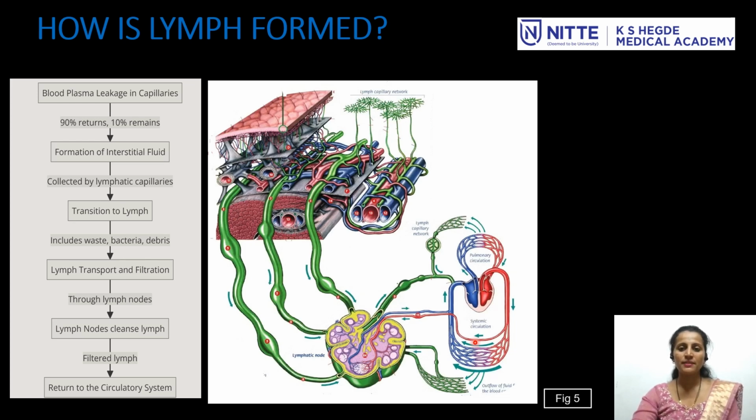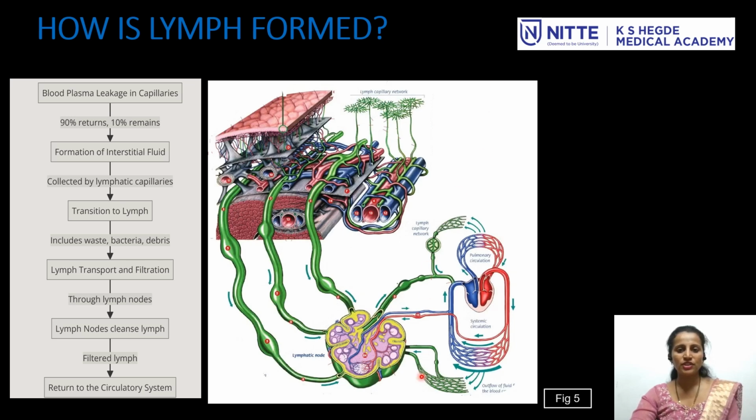Their high permeability allows them to pick up not just the fluid, but also the larger molecules and particles that blood capillaries cannot. Once the interstitial fluid enters the lymphatic capillaries, it is referred to as lymph. The fluid now includes waste products, bacteria, and other debris from the tissues.